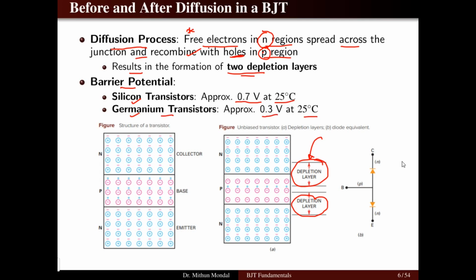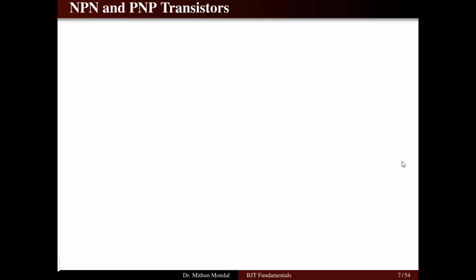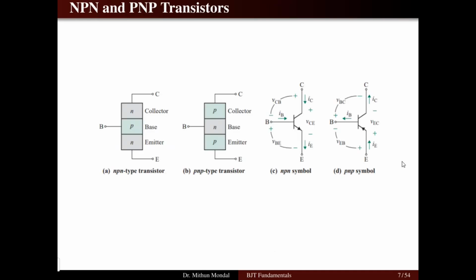Generally, when we talk about the semiconductor, we take the barrier potential as 0.7 volt unless some specific value is mentioned. So the NPN and PNP transistors are basically the two important types of transistor.